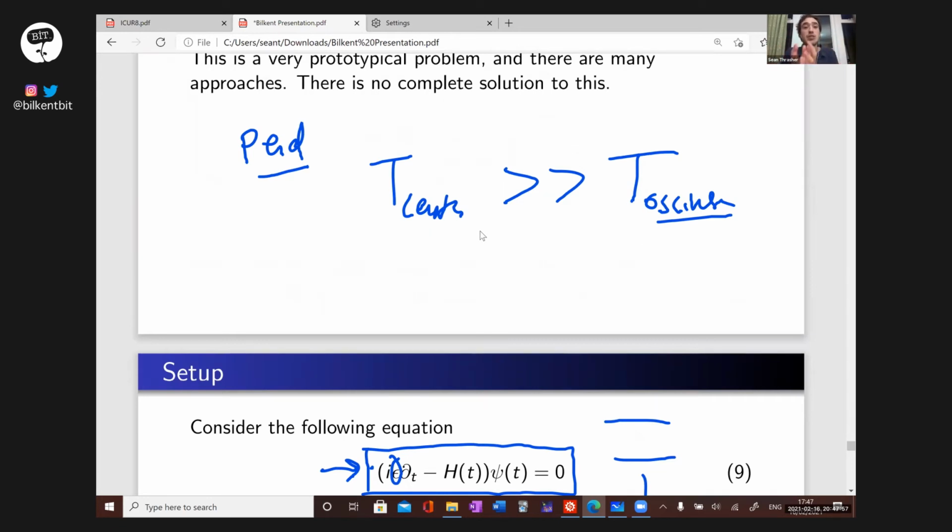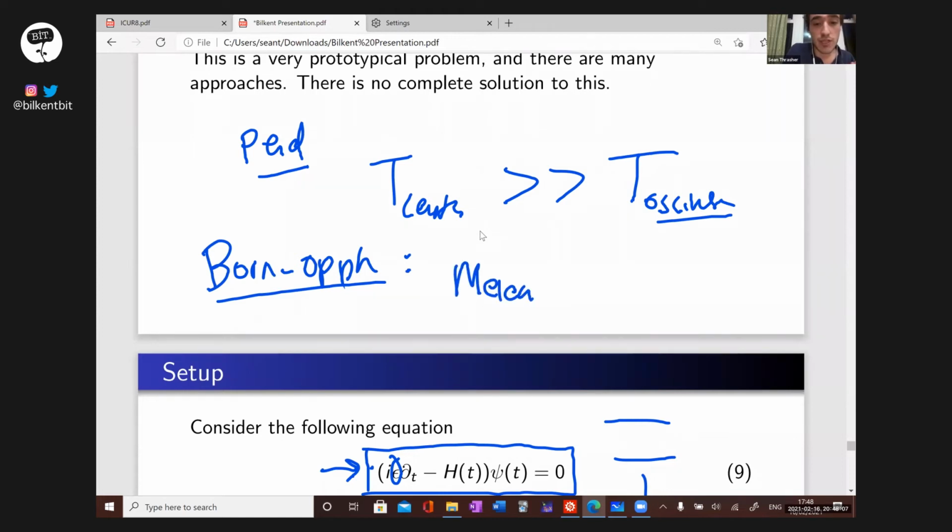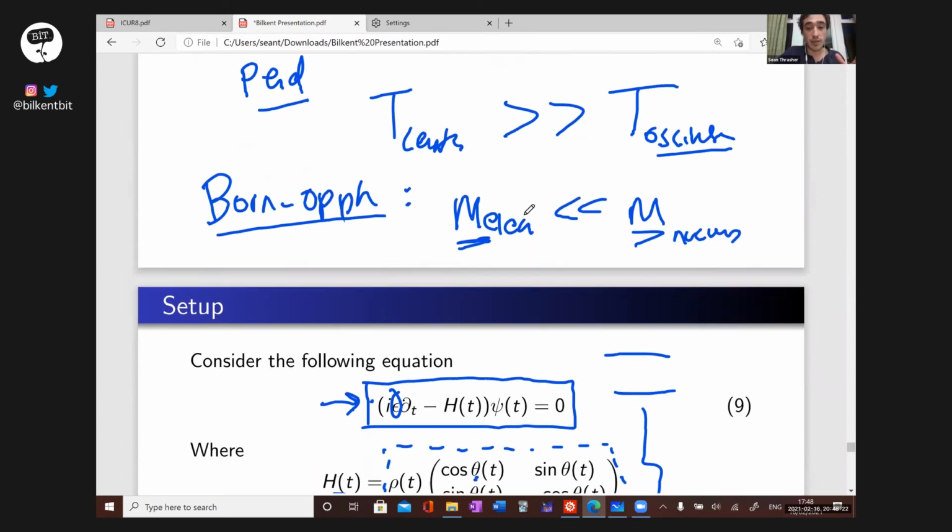This isn't limited to just time scales, by the way. If you've heard of something called the Born-Oppenheimer approximation, that assumes that the mass of the electron is much, much, much smaller than the mass of the nucleus. Here again, you get 2 very well-defined and very separate scales. And that's where adiabatic theory comes in.